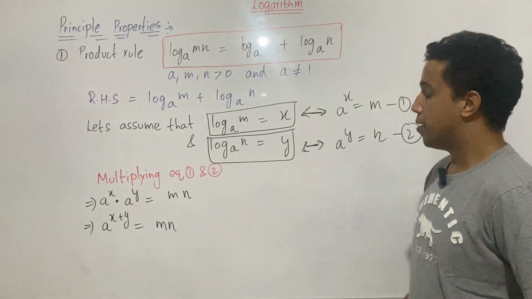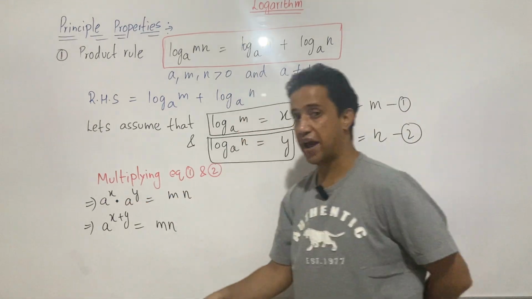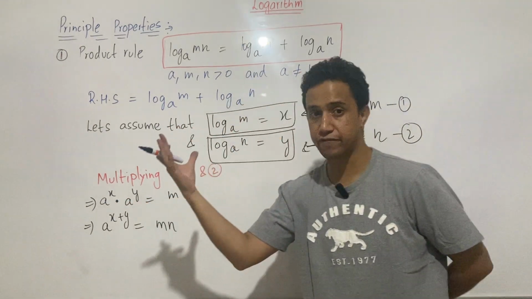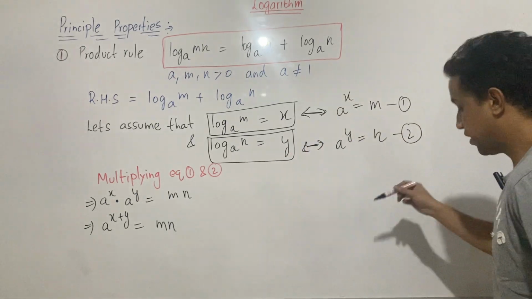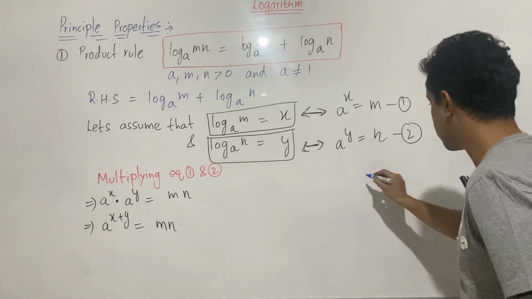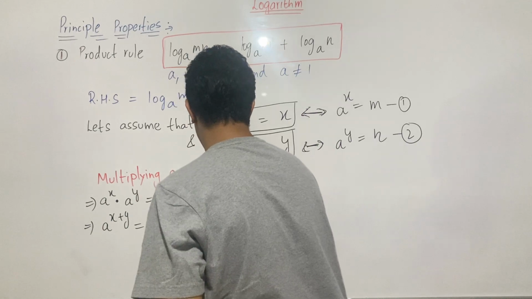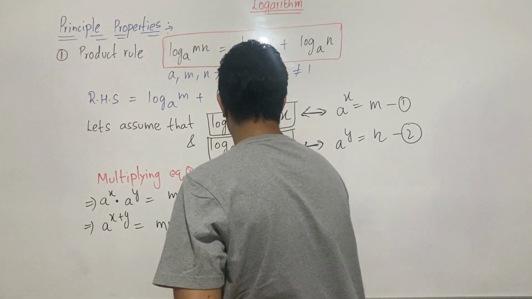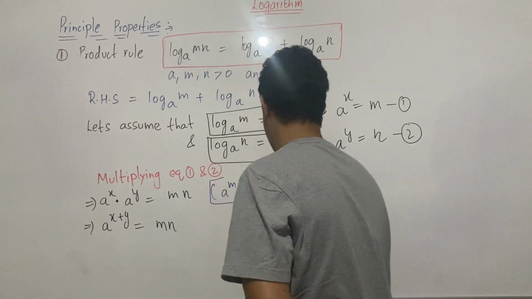Because when the base is same and the base is raised to different powers, then the powers get added up. If you remember, we made use of a to the m times a to the n equals a to the m plus n. So we made use of this property.